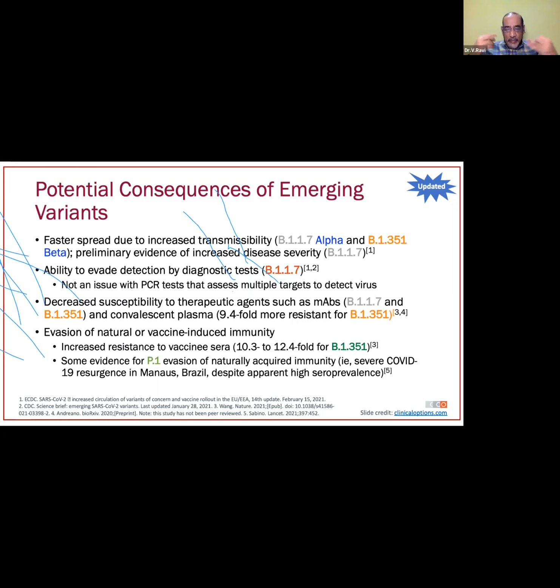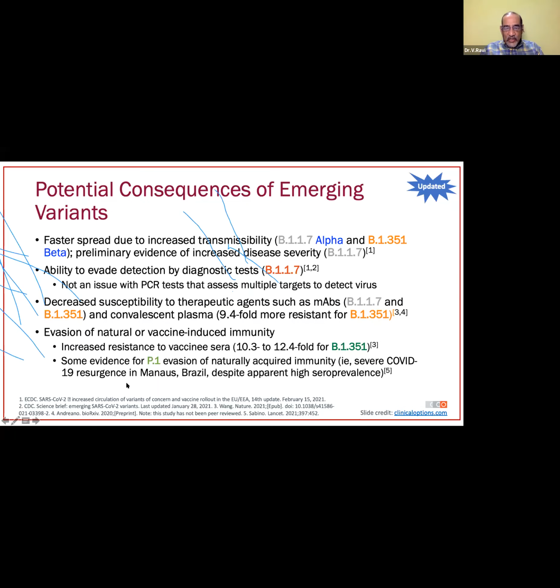We use many genes. So the chances of missing a variant is very, very less. C, decreased susceptibility to therapeutic agents, yes, especially to monoclonal therapy and convalescent plasma therapy, and that too with the South African variant, the Beta variant, and some reports on definitely the Delta plus as well as the UK variant.